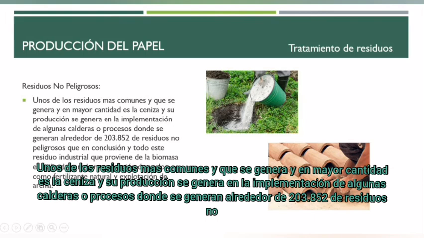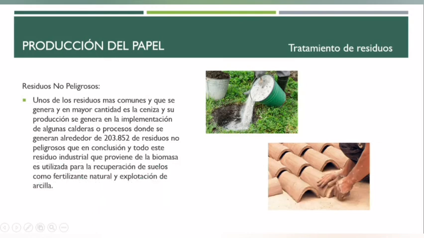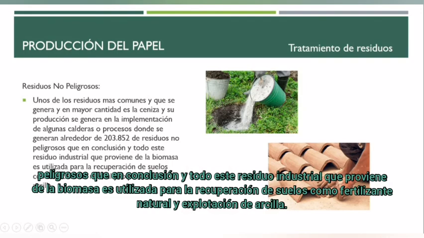Non-hazardous waste. One of the most common wastes generated, and in greater quantity, is ash, and its production is generated in the operation of some boilers or processes where about 203,852 tons of non-hazardous waste are generated.